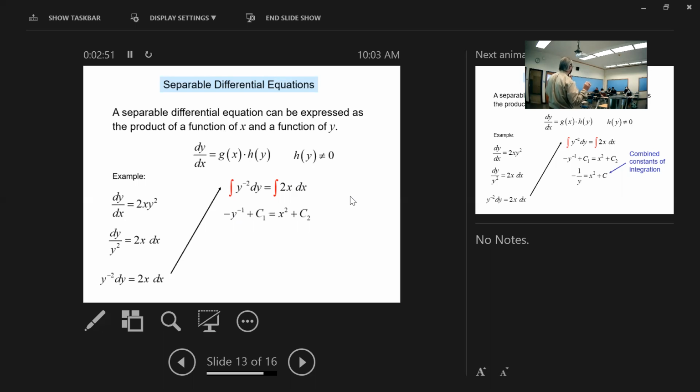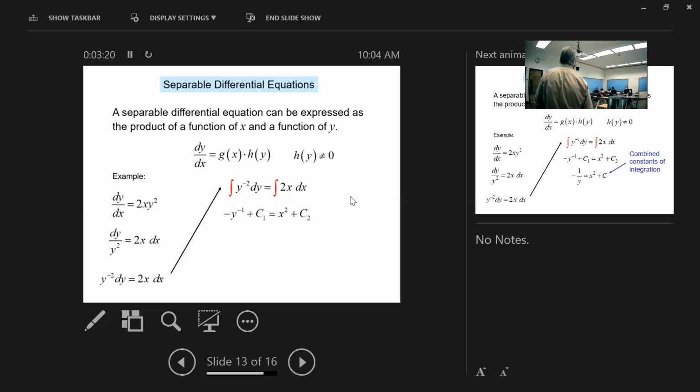Good? However, here's the other mistake that people make. Oh, I've got this over here, I've got 1 over y, so I should get ln y. Why not, Ben? I'm not sure, but if y is to the power negative 2, it doesn't equal 1.